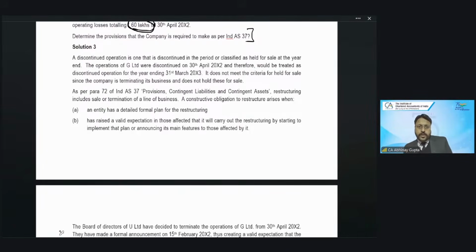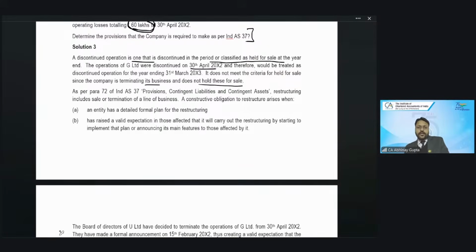A discontinued operation is one that is discontinued in the period or classified as held for sale during the year. The operations of G Limited were discontinued on 30th April 2002. Therefore, it would be treated as a discontinued operation for the year ended 31st March 2003. It does not meet the criteria for held for sale since the company is terminating its business and not holding it for sale.